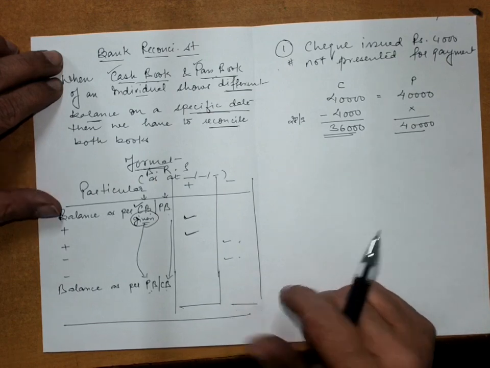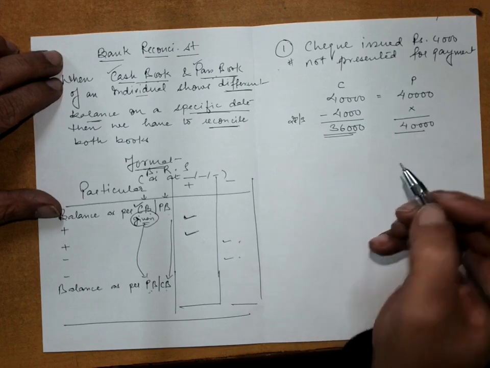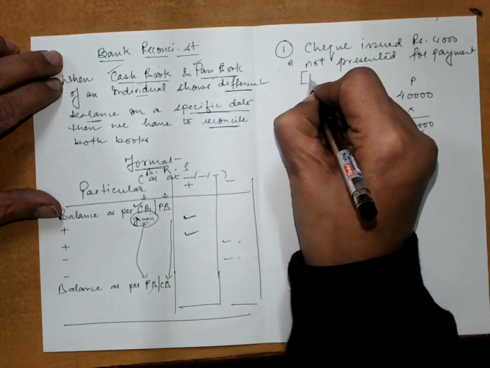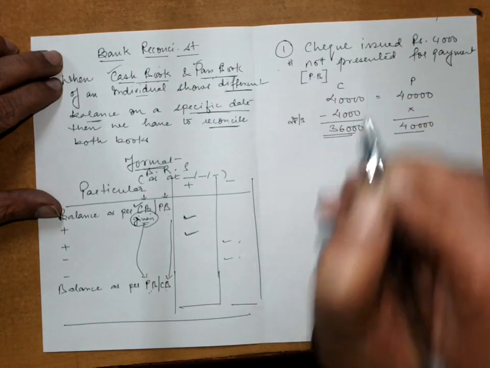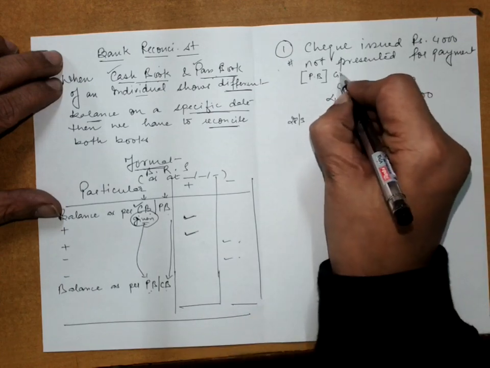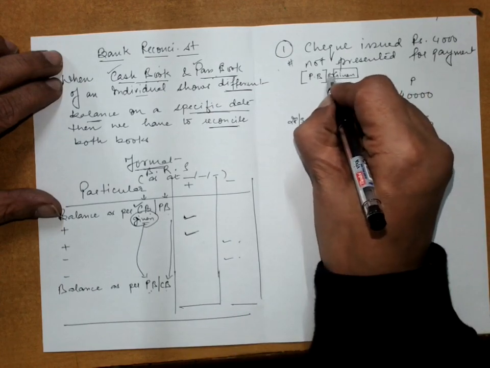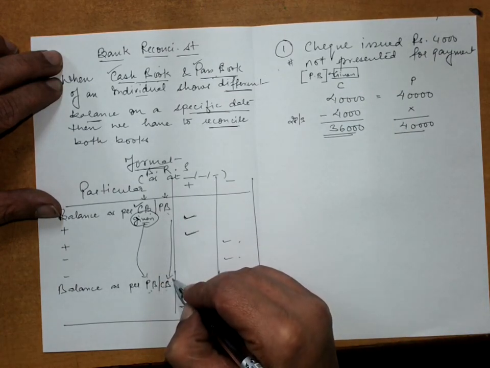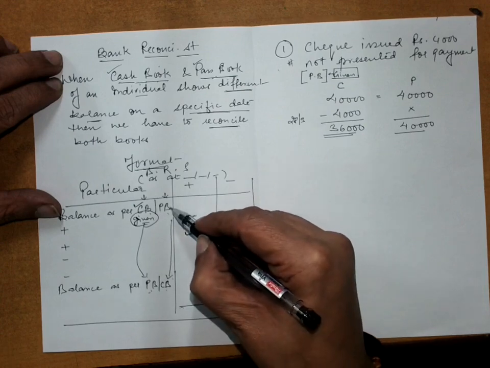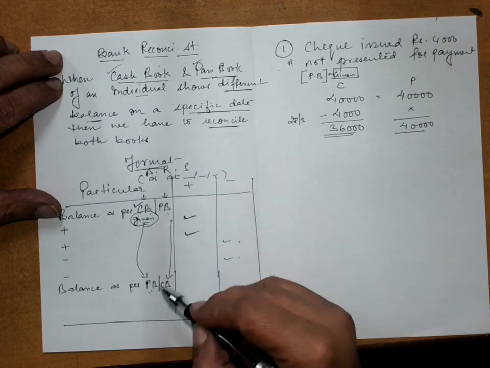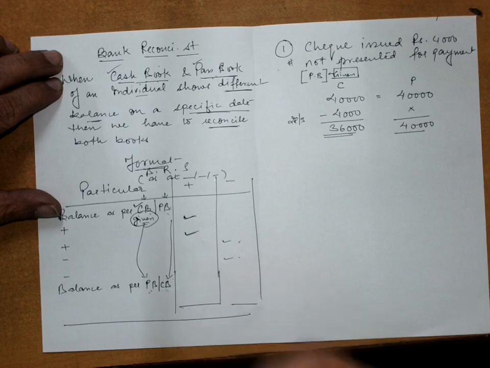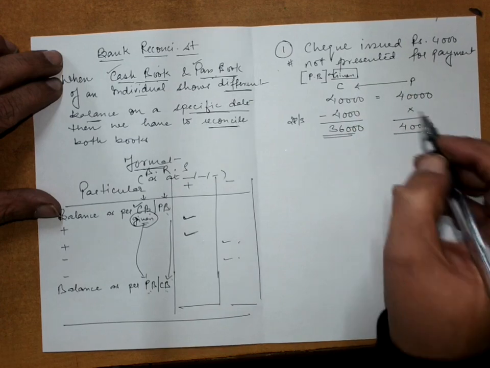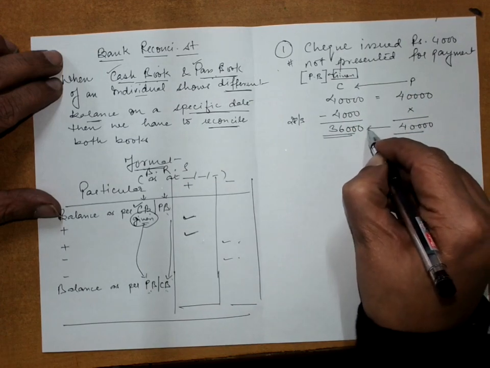Now what we have to see is the balance given in the question, either of a cash book or of passbook. Let's assume that in this question, balance of passbook was given. I'm just writing the word given. Passbook was given. So we have to start with passbook and reach cash book. If passbook balance was given, I have to start my question from passbook and proceed towards cash book.